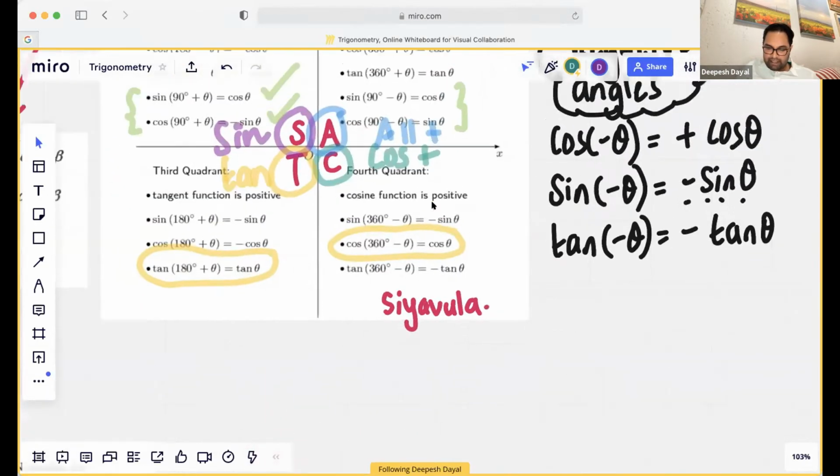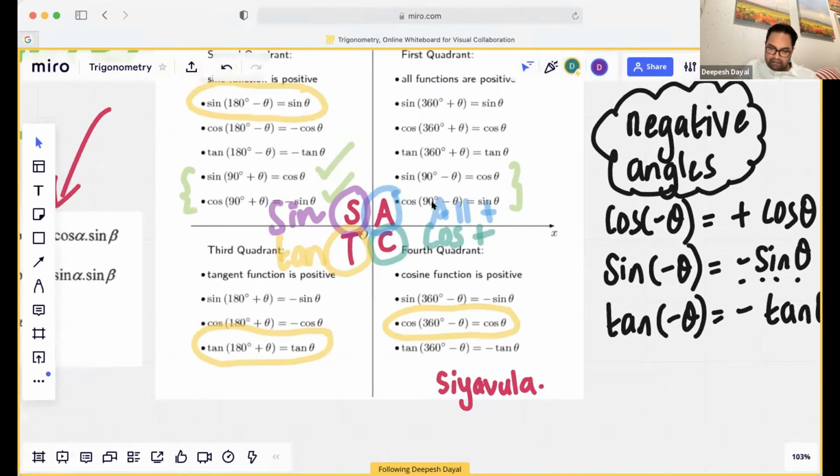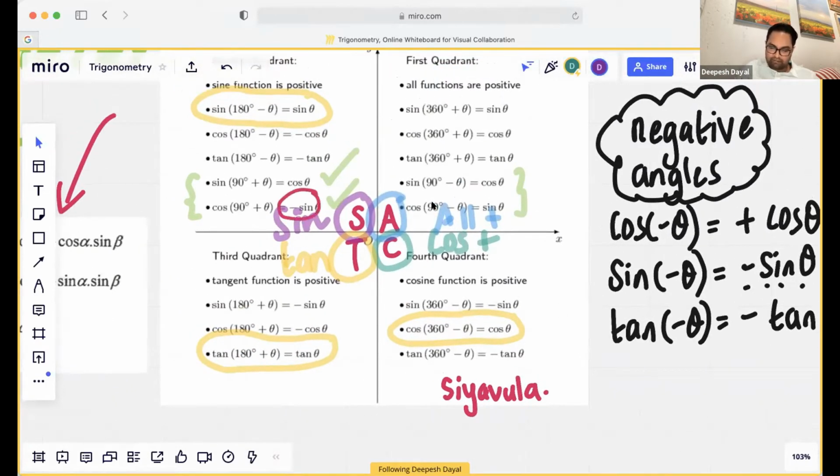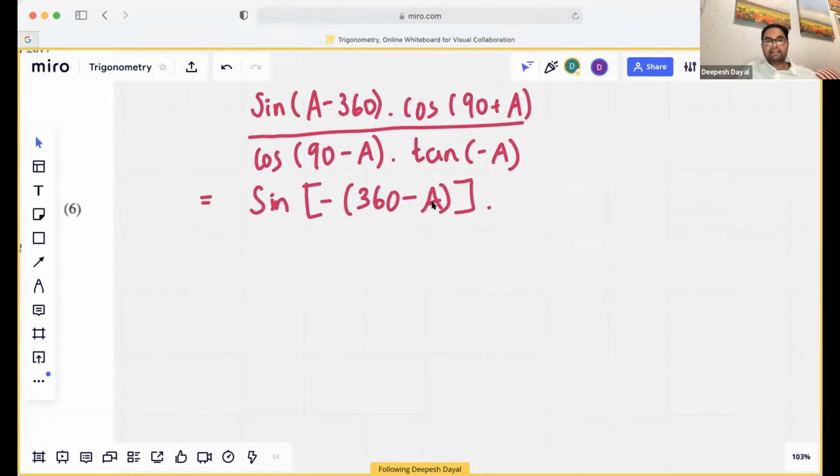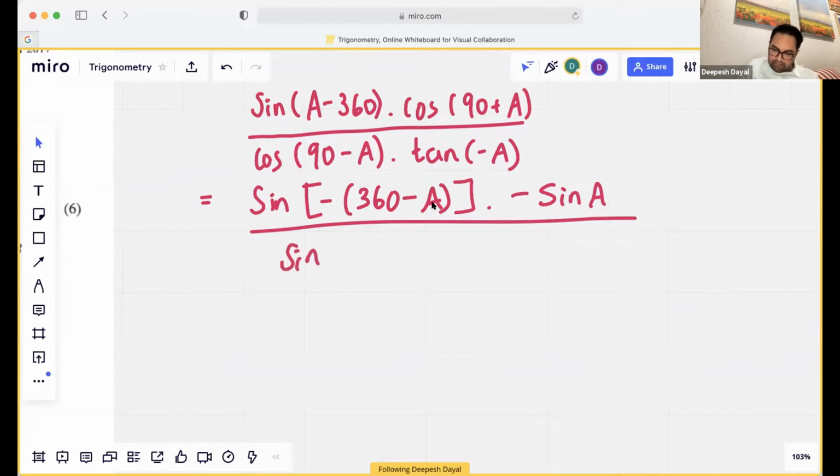Cos(90 plus A) is minus sine theta, so it's minus sine A. And then cos(90 minus A) just becomes sine A. And tan(minus A) is minus tan A.